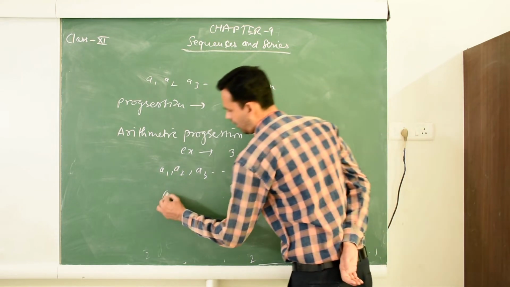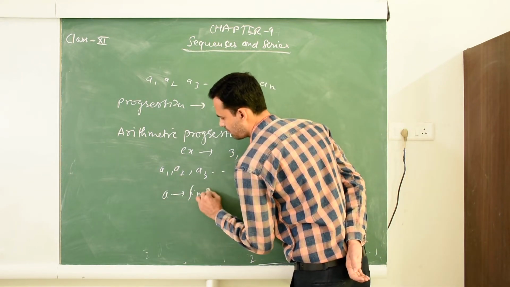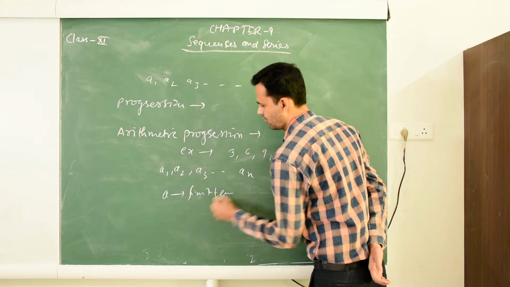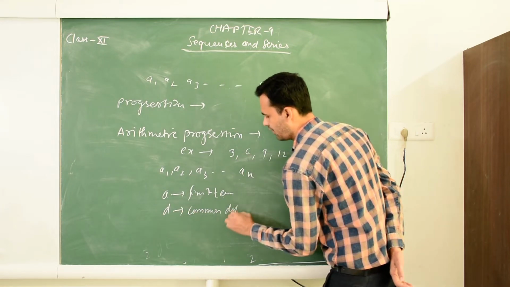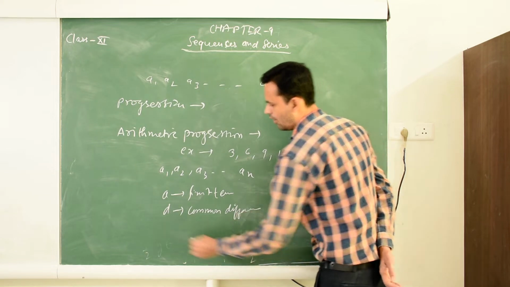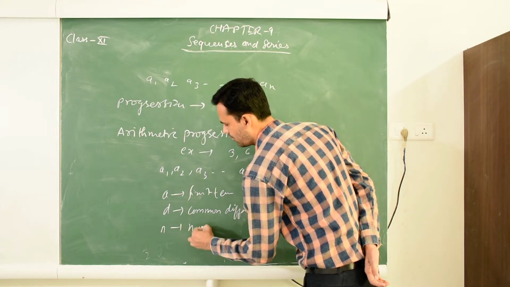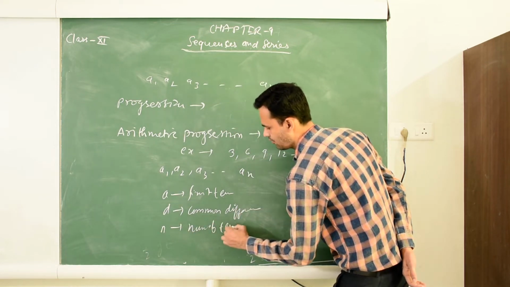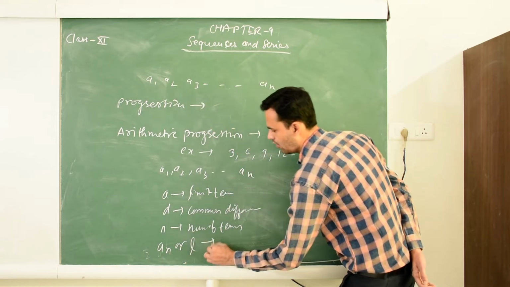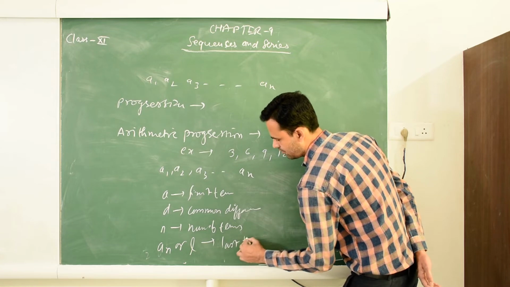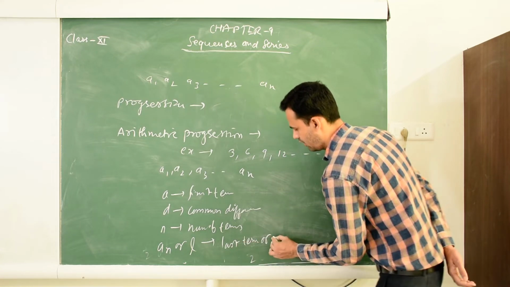Here A is called the first term, D is called the common difference, N is called the number of terms, and An or L is called the last term or nth term.